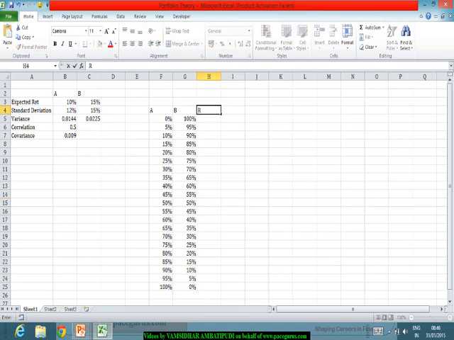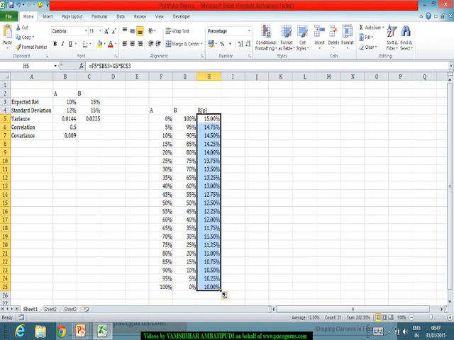So I'll call the return on the portfolio W1 or WA times RA, the expected return on A, plus WB times RB, the expected return on B. So giving me that the expected return of the portfolio in each of the cases is going to be something like this. And what we see is the expected return on the portfolio is more or less a linear relationship.